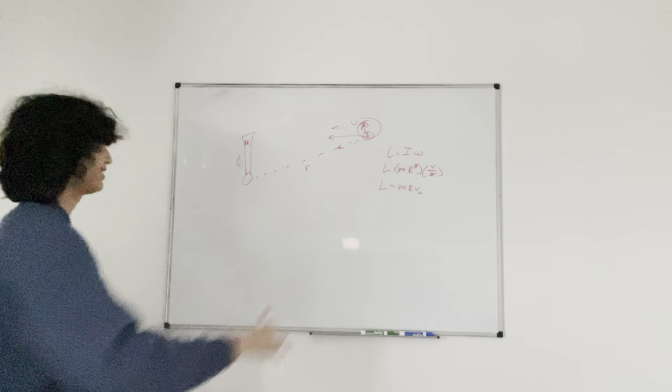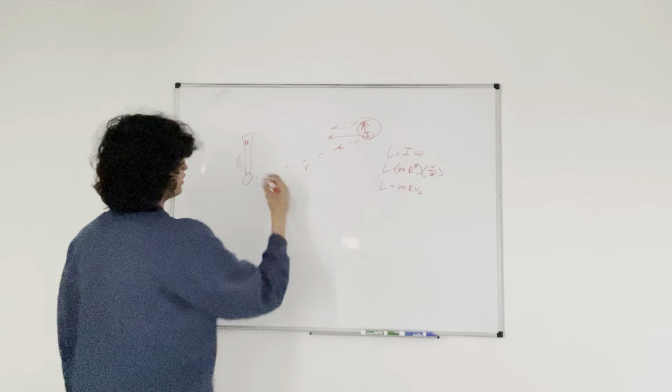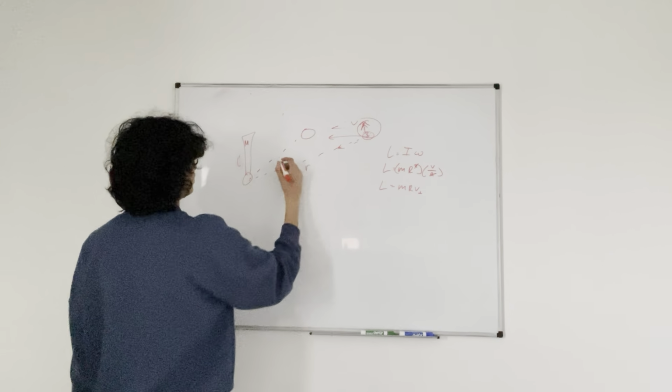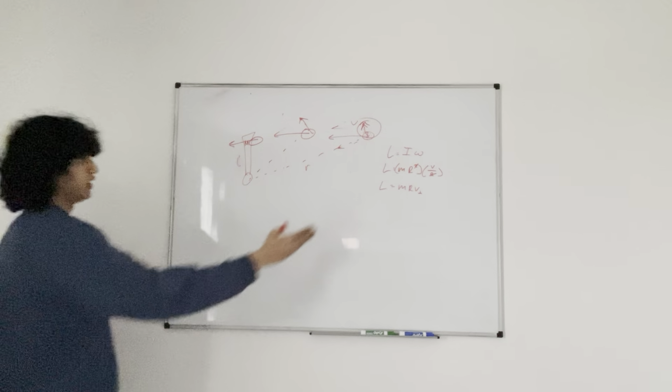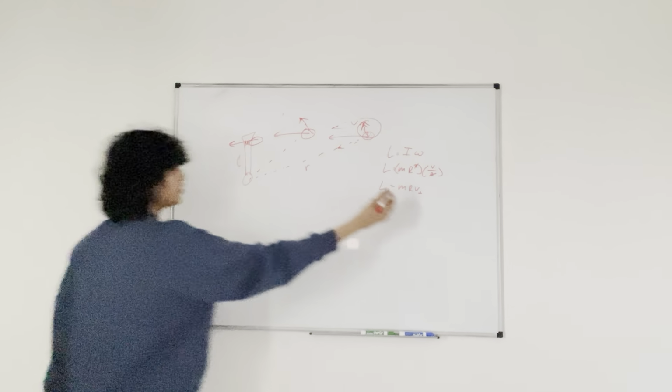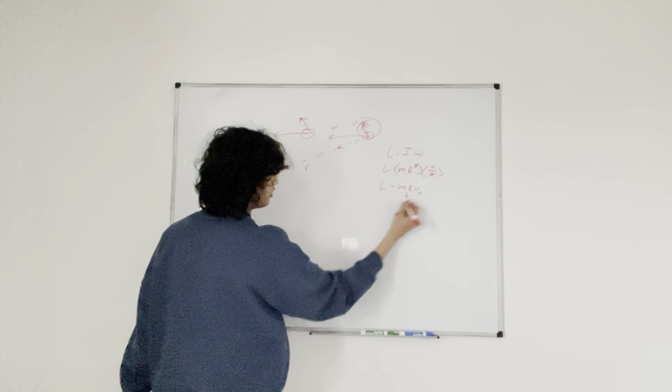The nice thing is, as it gets closer and closer, the distance is smaller, but the perpendicular component of the velocity gets bigger. And you can imagine right here, it's all perpendicular. So that's how L stays the same, because even though r decreases, the perpendicular component will increase even if the speed is the same.